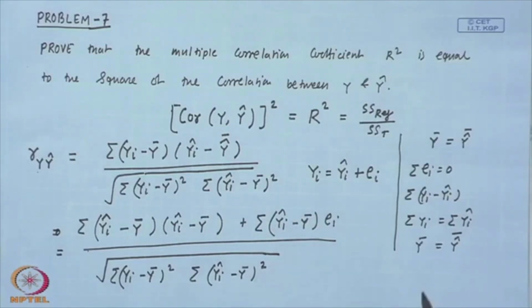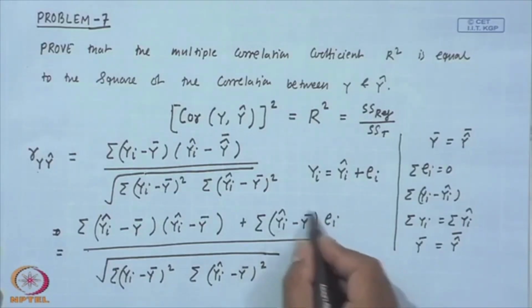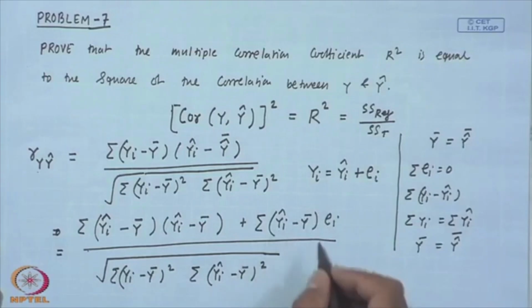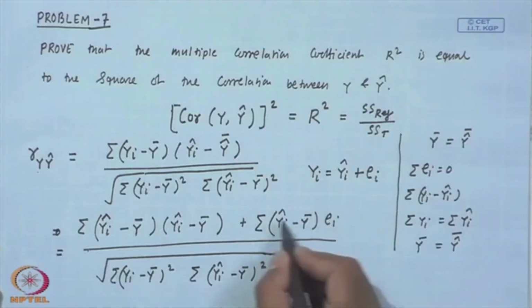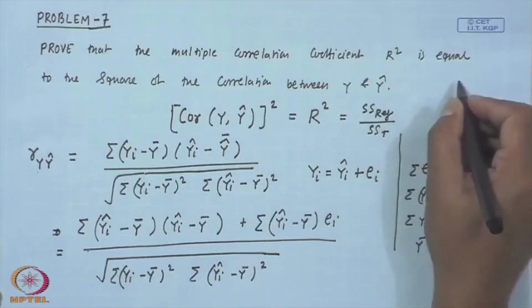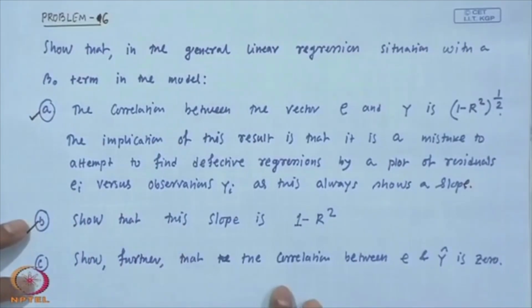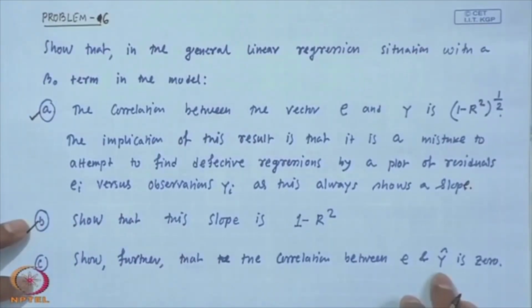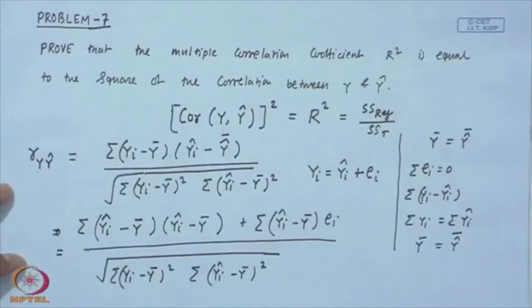Yes, just now we have proved that the correlation between E and y hat is equal to 0. In the previous problem, we have proved that the correlation between E and y hat is 0. That means the covariance between E and y hat is equal to 0. So, this term is going to be equal to 0.